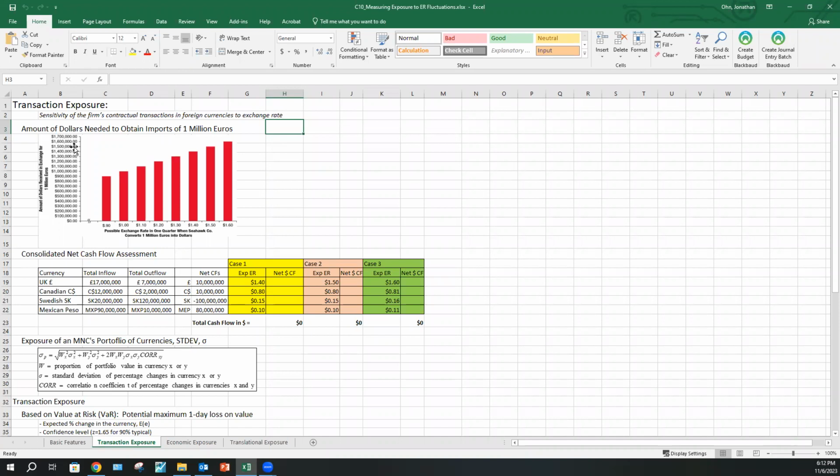Okay, so we agreed. We have the contract to import 1 million euros, but for the two possible exchange rates, $1 and $1.4, the amount of our payment in US dollars will be significantly different.